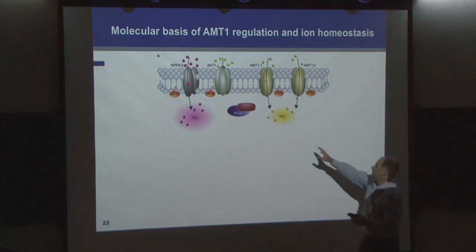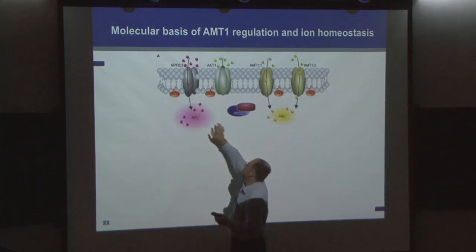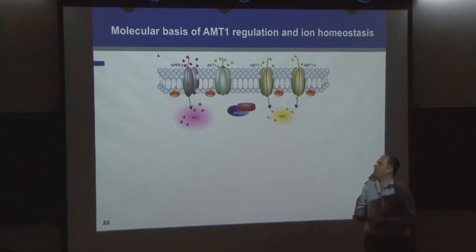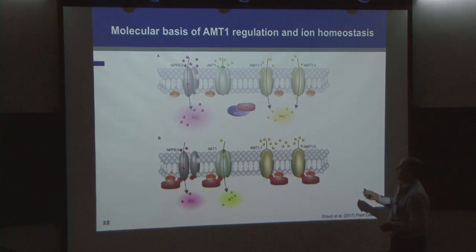So the plant has some high affinity uptake via the nitrate transporter and some high affinity ammonium uptake via AMTs. And if now too much ammonium would be available, then the plant apparently likes to close the ammonium transporters. And these ammonium transporters are then shut off. And this is by a post-translational mechanism where phosphorylation of the ammonium transporter plays a role.